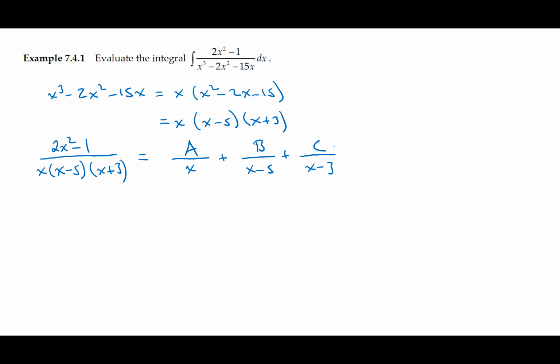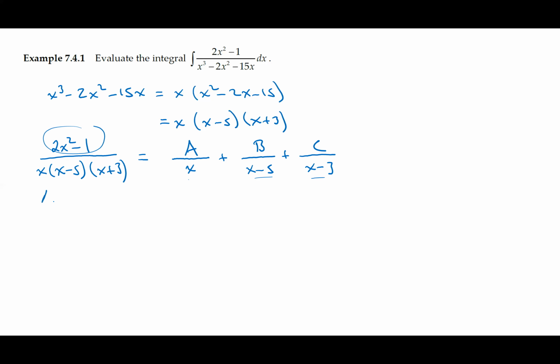And so now we go to work. So getting a common denominator, right? This A would get multiplied by x minus 5 and x plus 3. This B would get multiplied by x and x plus 3. And C would get multiplied by x and x minus 5. And then that sum of the numerators would just be the numerator over here, 2x squared minus 1. So let's write that out.